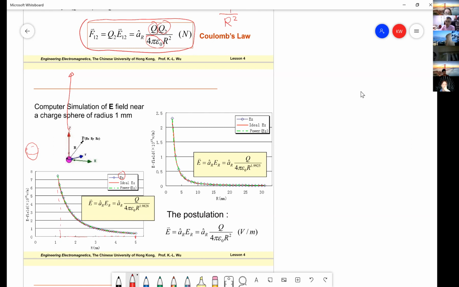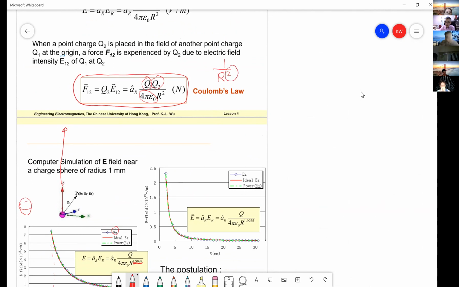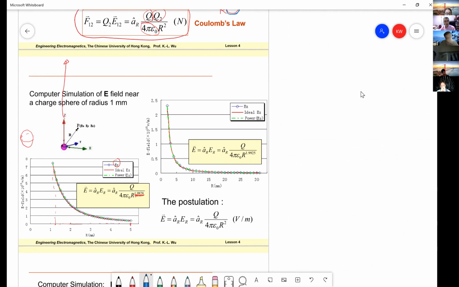I find the exponent is 1.9828, not 2. Ideally this is 2 in our equation, but if you really do the experiment in a narrow region of the field, you find this is 1.98.